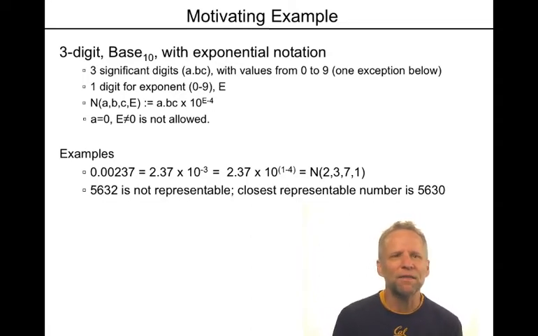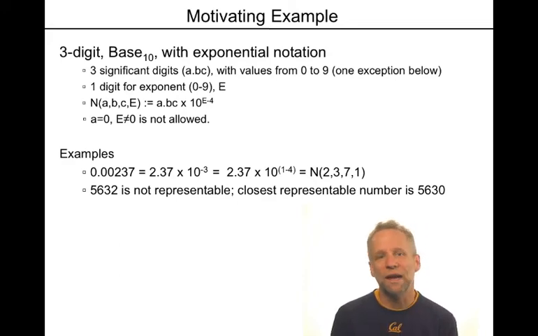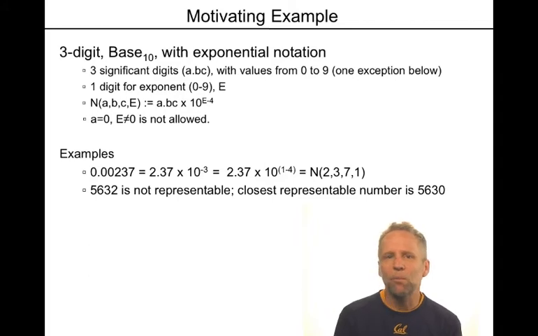Now what about the number 5,632? Well, that's simply not representable. Remember, our numeric system here only has 3 digits, 3 significant figures, and 5,632 has 4 significant figures, so it's not representable. What's going to be important is to understand the closest representable number, and in this case it's pretty clear that since we're working in base 10, when we're up in the thousands like this, things are changing in the tens digit.